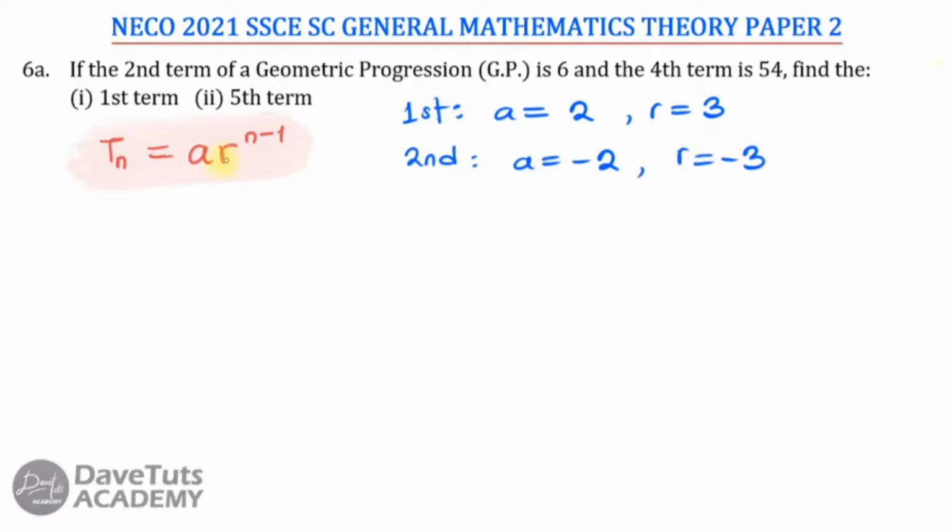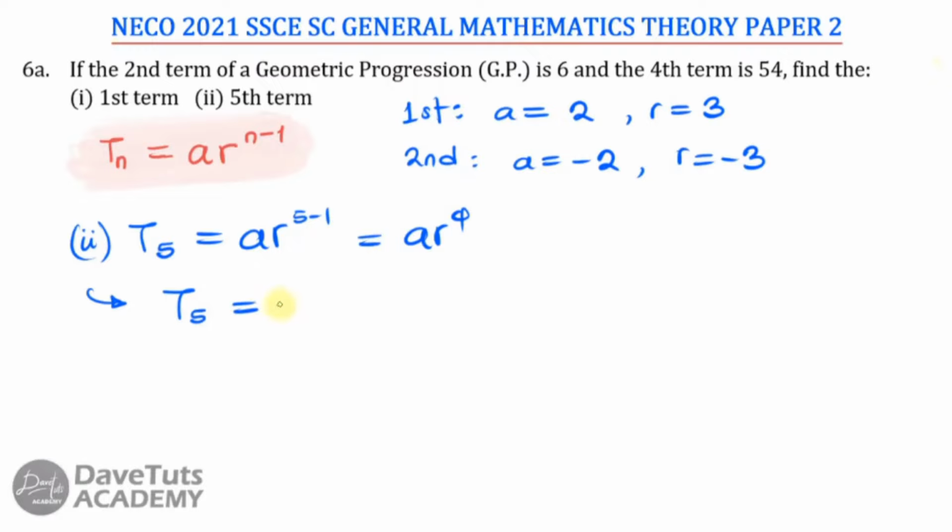So even for the first term, A is 2 or minus 2. In this second part, we are being asked to find the fifth term T5. T5 is A r raised to 5 minus 1, which is A r raised to power 4. So for the first case, T5 is equal to A, which is 2, multiplied by r, which is 3, raised to power 4.